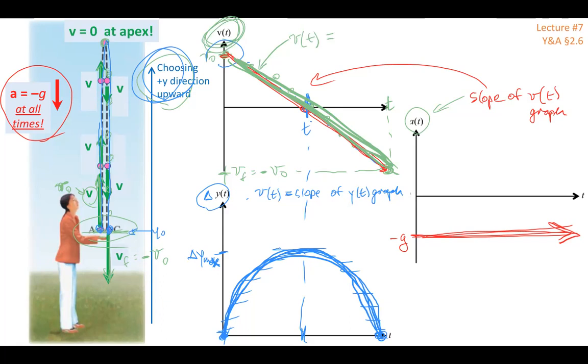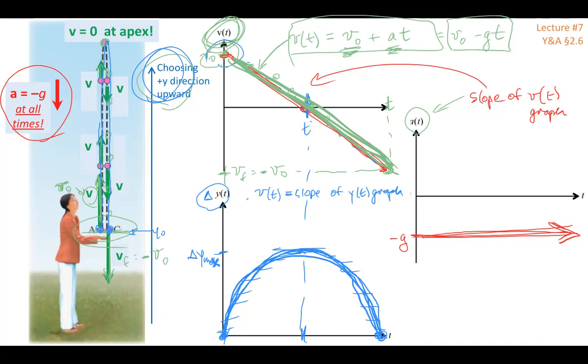Equation 1 said that v at any time t is equal to v naught plus a times t. That's exactly what this graph is. This looks like a y-intercept and a slope, and it's just a linear graph. And the y-intercept, sure enough, is v naught, and the slope, sure enough, is acceleration, in this case, negative g. So we could be even a little more specific. In this case, it's equal to v naught minus gt. That's what this graph is.